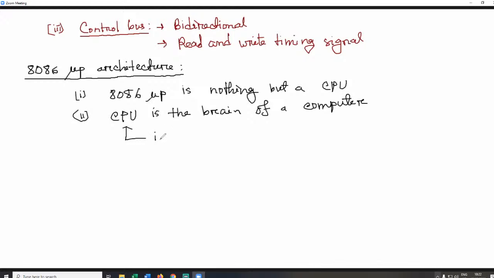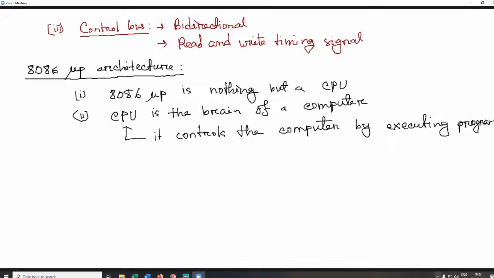So you can write: it controls the computer by executing programs stored in the memory.